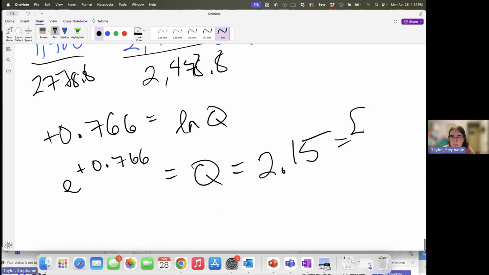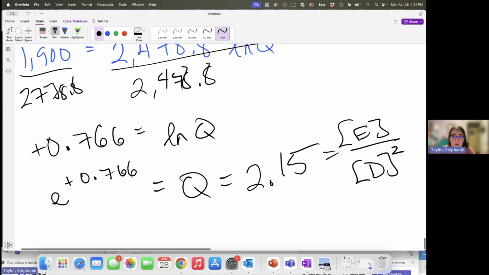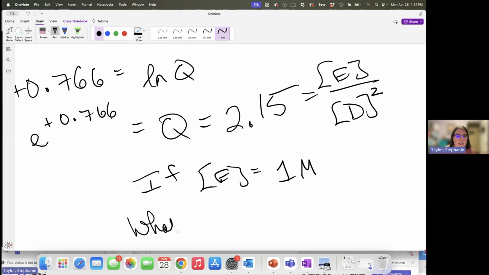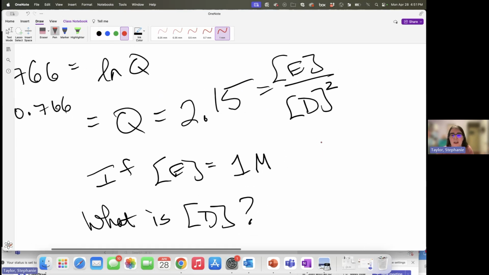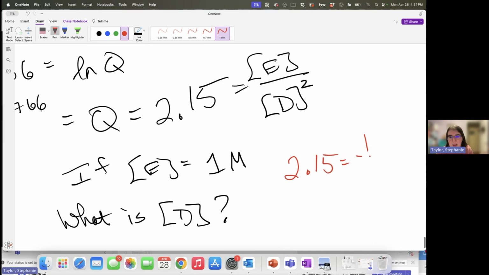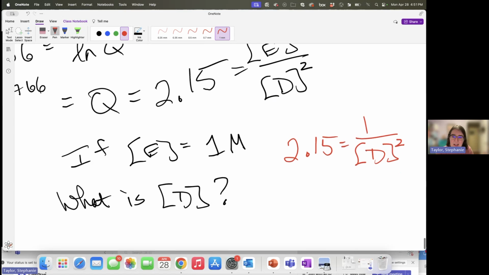So that is supposed to be for the concentration of E divided by the concentration of D squared. So if we were told that the concentration of E equals 1 molar, what is D? We could keep going, right? So this is always the hard thing with some of these problems: when I have to make something up off the top of my head, I never quite know how complicated to make it.